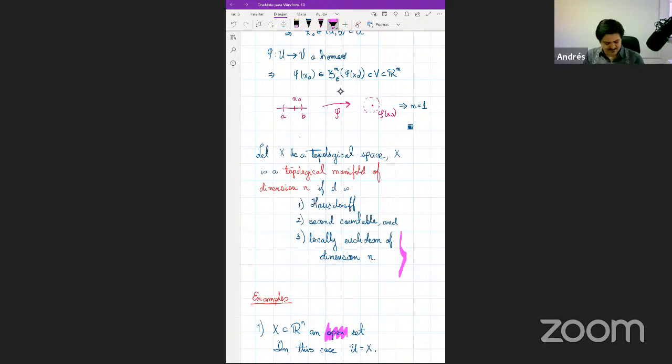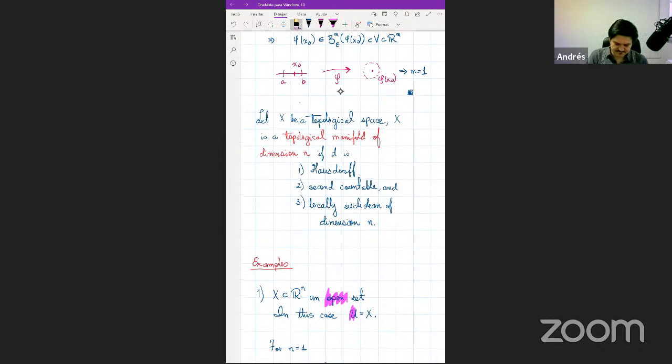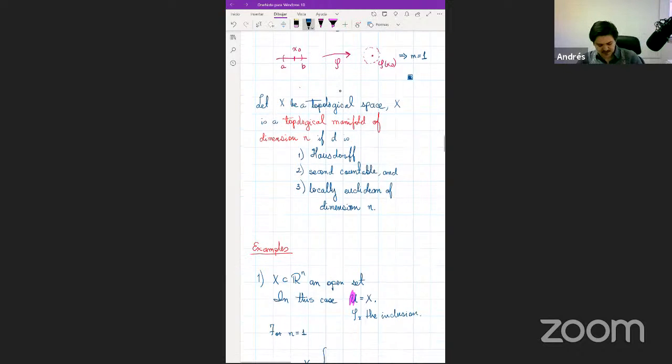And to check this, because X is open, you can always use the same neighborhood for any point, and the map to be the inclusion. Okay, so any open set works.